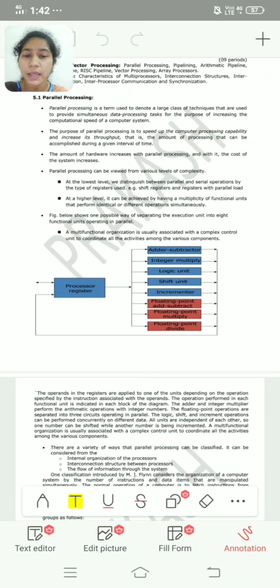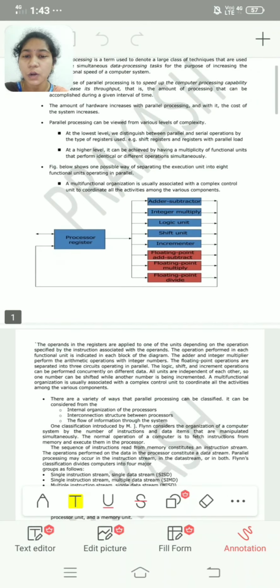Parallel processing can be viewed from various levels of complexity. At the lowest level, we distinguish between parallel and serial operations by the type of registers used. Example, shift registers and registers with parallel load.